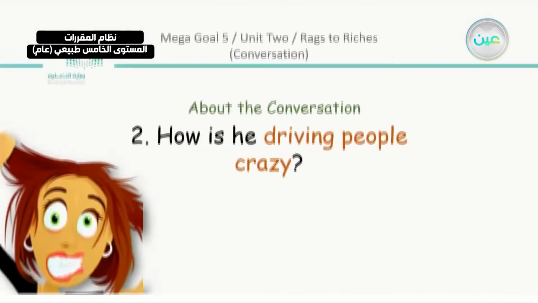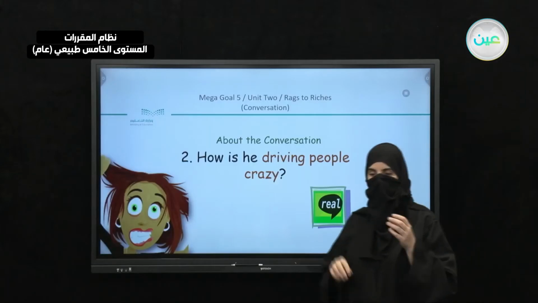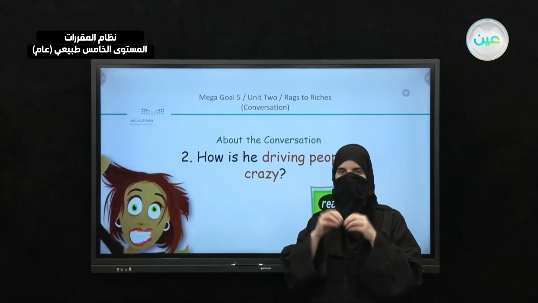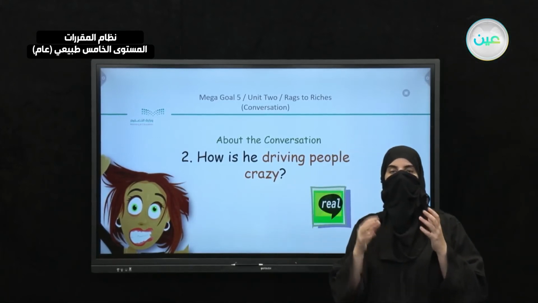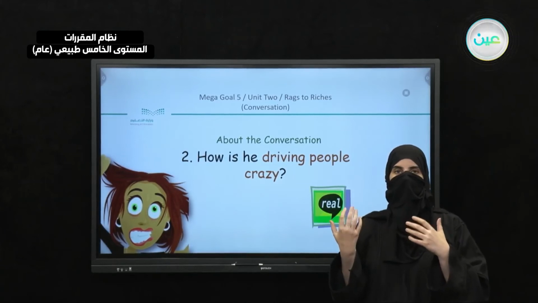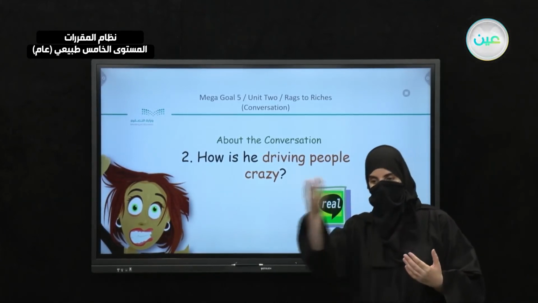So we have here the conversation. Now the last thing Ibrahim said, that now I know why you are driving people crazy. Ibrahim doesn't mean that Ahmed is literally driving someone crazy, but this is used when someone is annoying or bothering the other person.